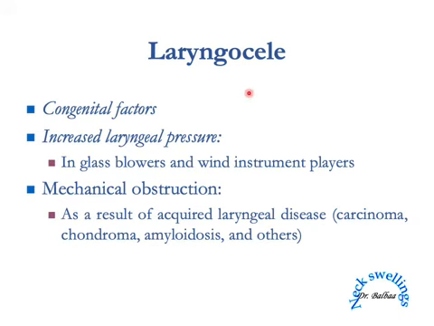Why does this laryngocele, or outpouching or diverticulum, develop? Sometimes it is attributed to congenital factors. Most of the theories say that it is related to increased laryngeal pressure, where I will find this in musicians who play wind instruments, and in glass blowers, because those who manufacture glass blow into the glass to make it enlarge.